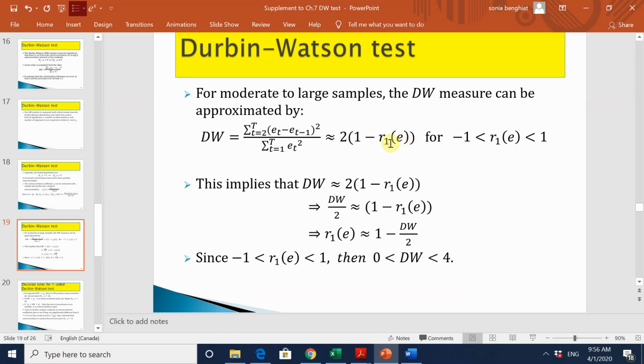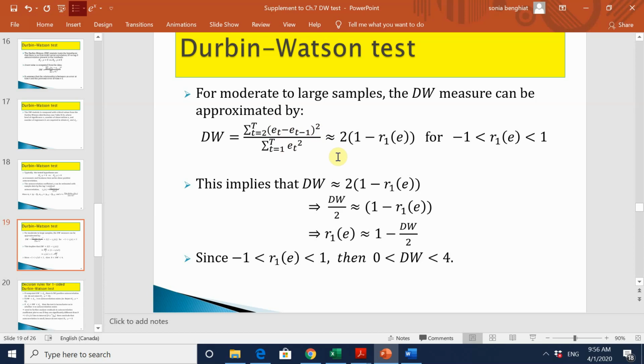And let's not forget, of course, that the correlation coefficient lies between -1 and +1. In positive autocorrelation, what will happen in the numerator is that successive residuals will tend to be alike. If they tend to be alike, then the value that we're getting in the numerator will be relatively small.